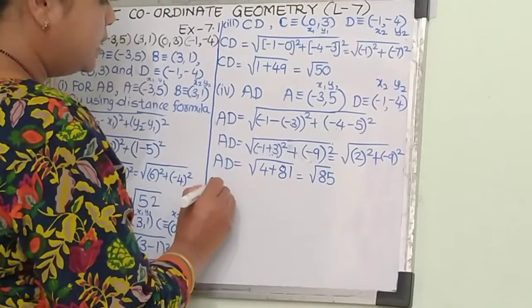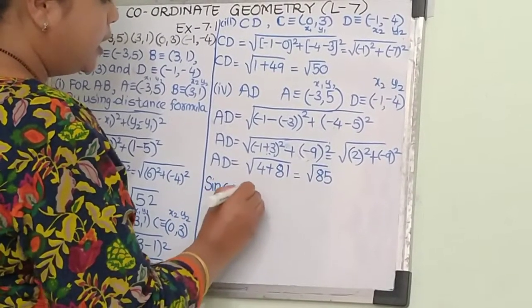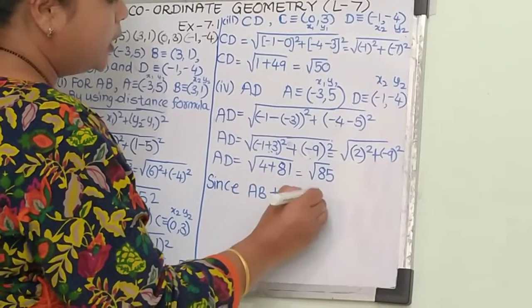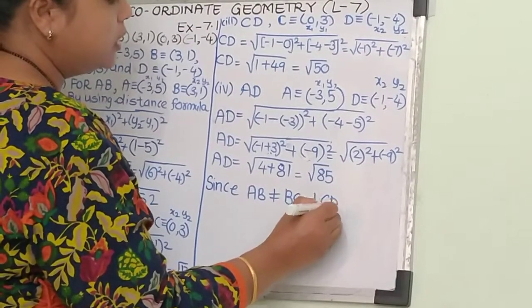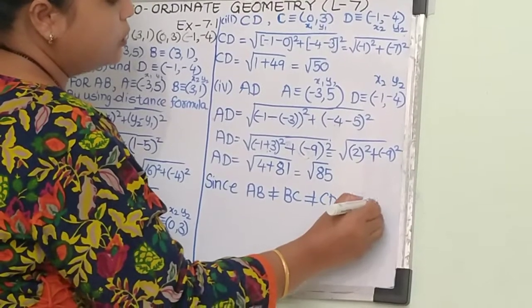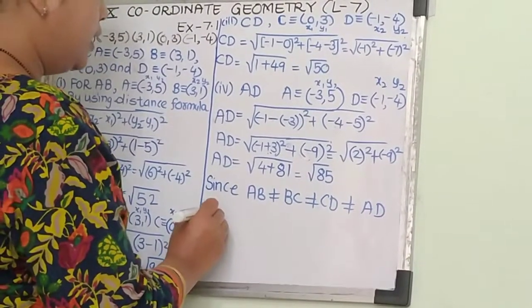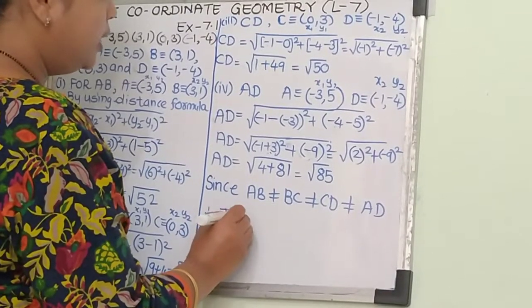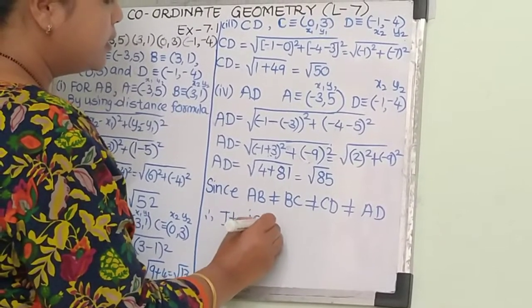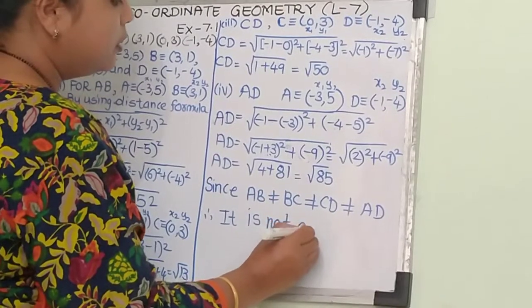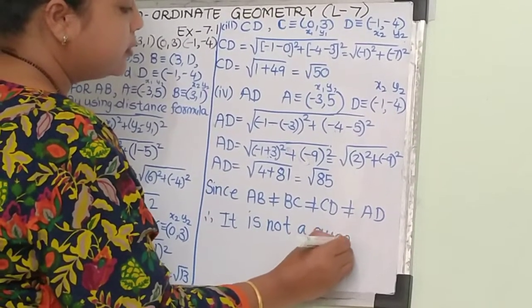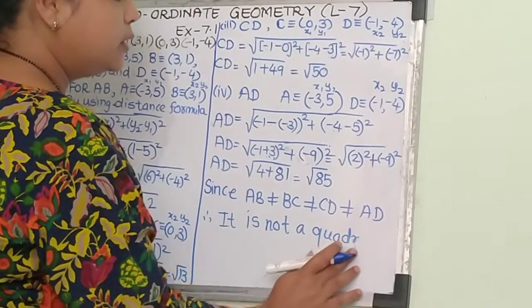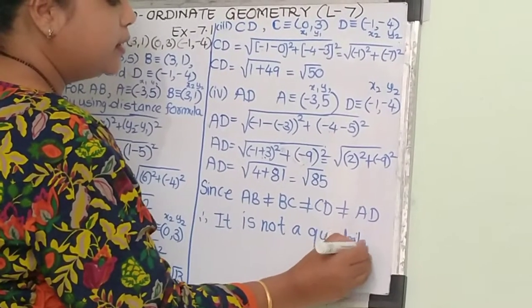So since we can write AB is not equal to BC, not equal to CD and not equal to AD, therefore it is not a quadrilateral.